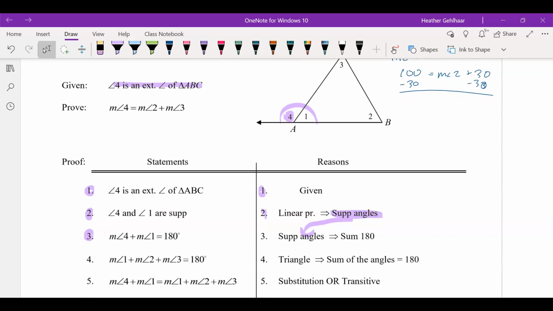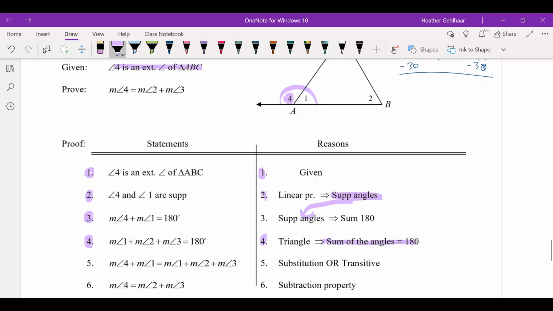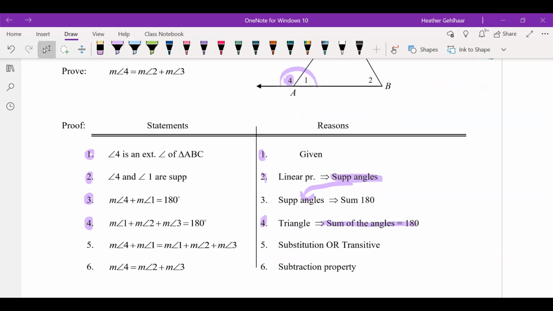Then we know that we have our triangles. We just proved it on the last page, triangles, when we add up all the angles, it equals 180. So a triangle implies the sum of the angles equals 180. Next, we could do substitution or transitive, whichever way your brain is interpreting it. So both of these are equal to 180. So that's where we can take this here and this guy here.